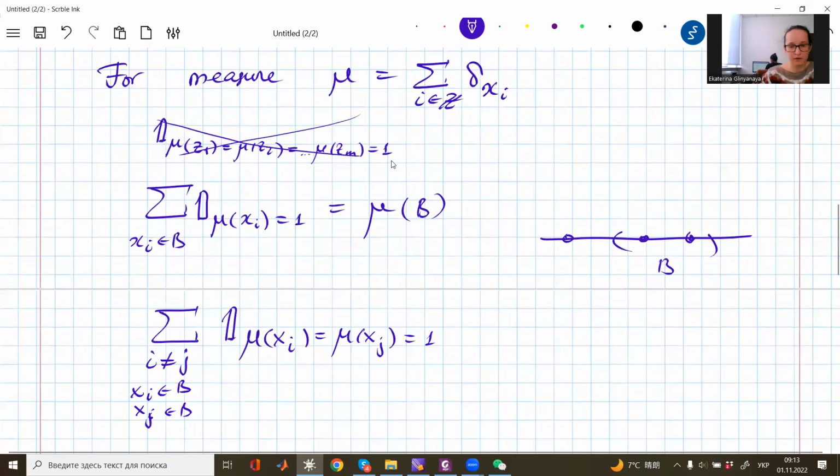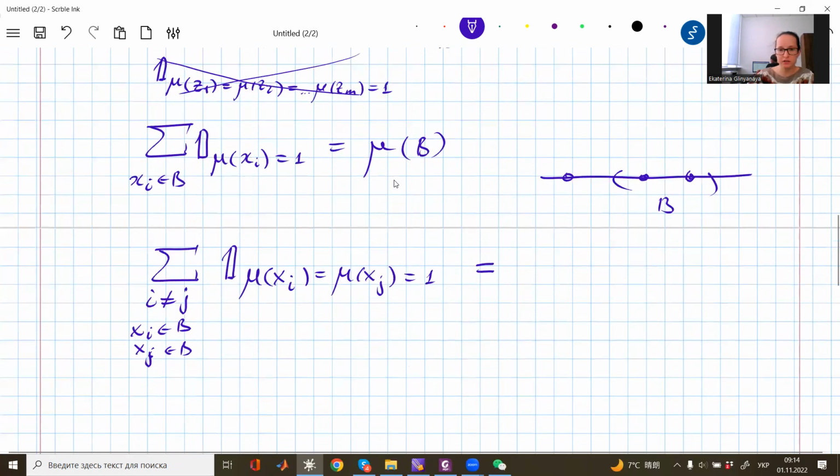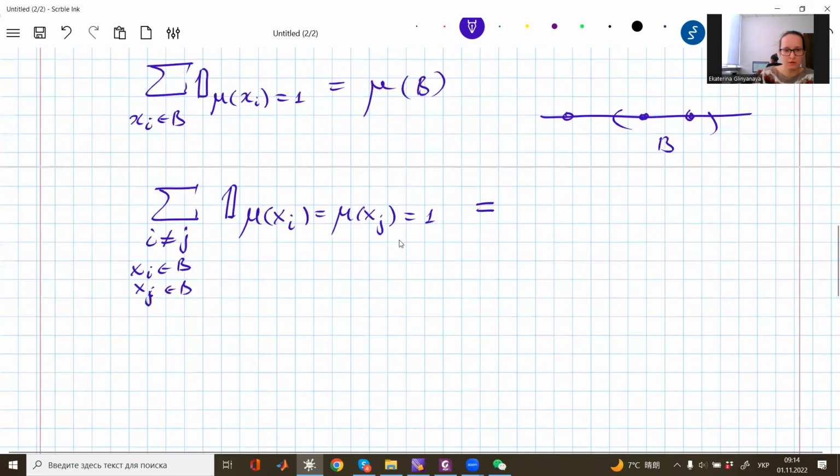What will I have here? If I sum all these indicators, we can rewrite it in the following form. At first I can consider all indices without the assumption that they are not equal.